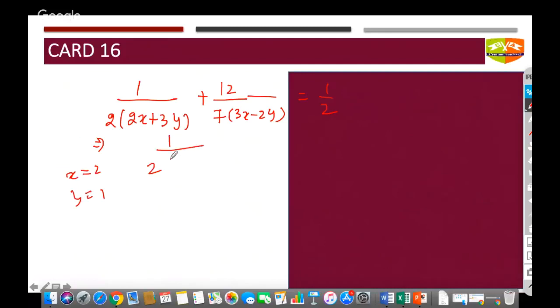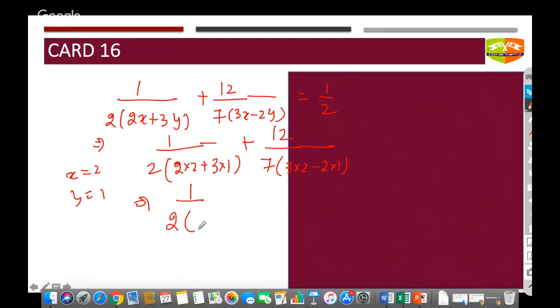I'll put the values here, 1 by 2, 2 into 2 plus 3 into 1, and do it on your rough paper. So 12 by 7, 3 into 2 minus 2 into 1. So what I get over here is 1 by 2, and this comes out to be 4 plus 3 plus 12 divided by 7, and this 6 minus 2 is 4.